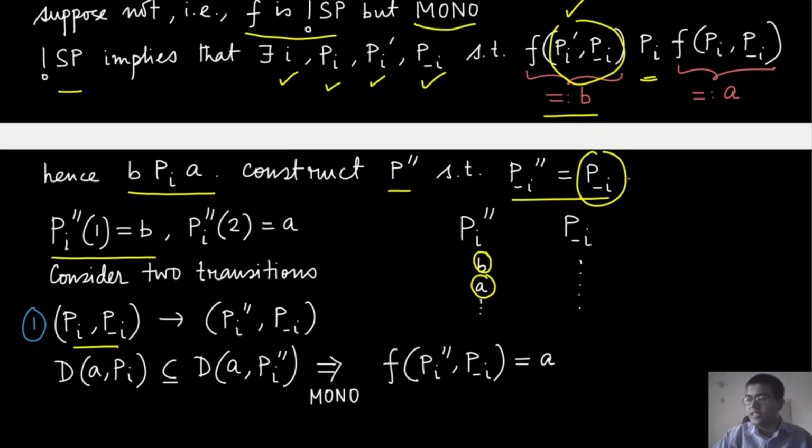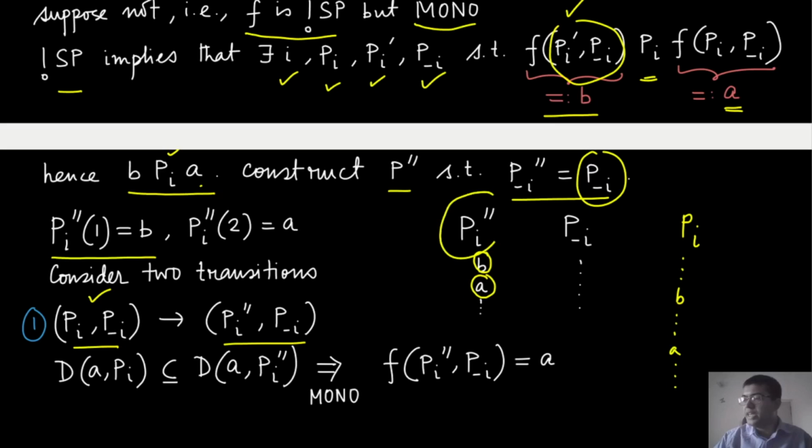So pi p minus I to pi double prime p minus I. So clearly, because at preference profile pi the outcome is a, that we know, and what we also know is that in pi, b was above a. So if I pull up, so let's say pi had b somewhere, b was definitely above a, and we do not know what is the position for the other things.